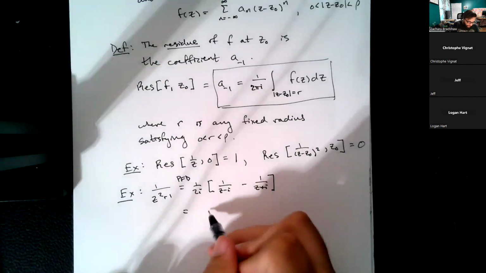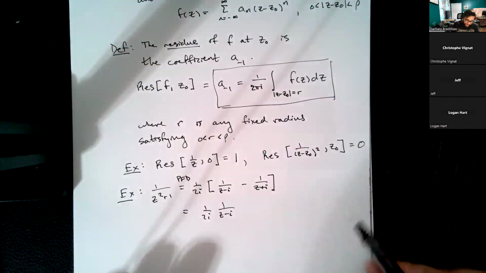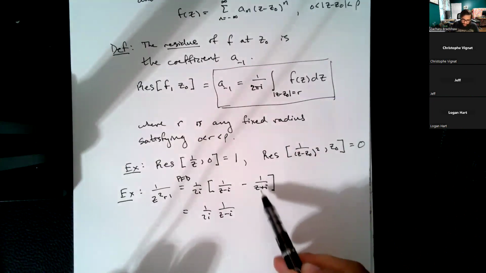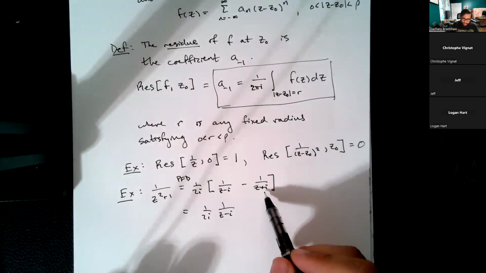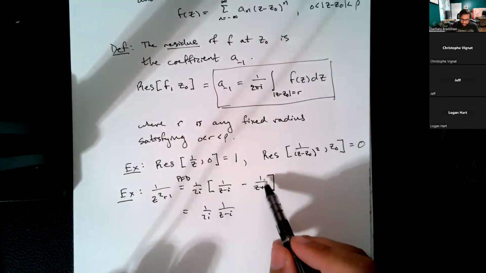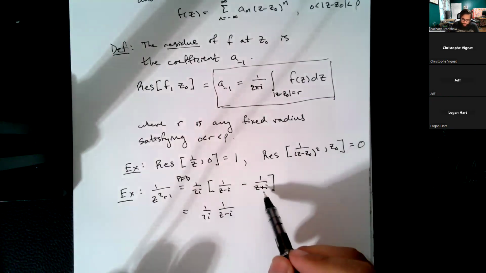And then this is equal to 1 over 2i times 1 over z minus i, and the other guy we can expand as an analytic function in z minus i. Certainly that's not a problem here because we don't have any problems with z being equal to i.